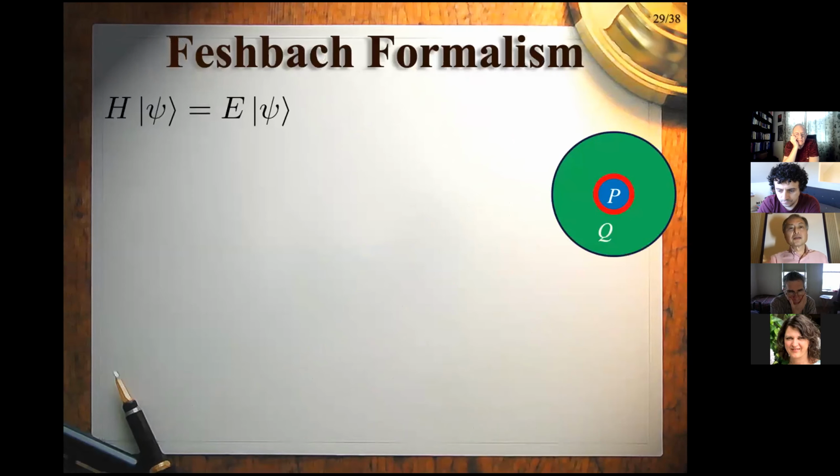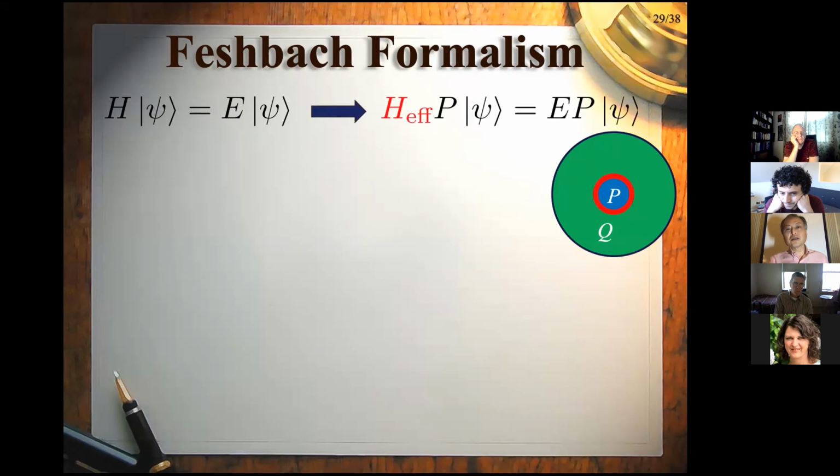Now, of course, I want to solve the Schrödinger equation of the entire system, but I'm only interested in what happens in this P subspace. So what I want to do is to find the Schrödinger equation only for the wave function for this P subspace.